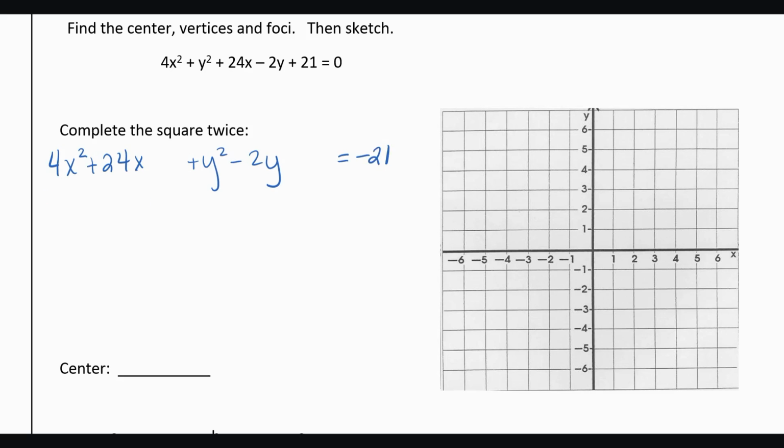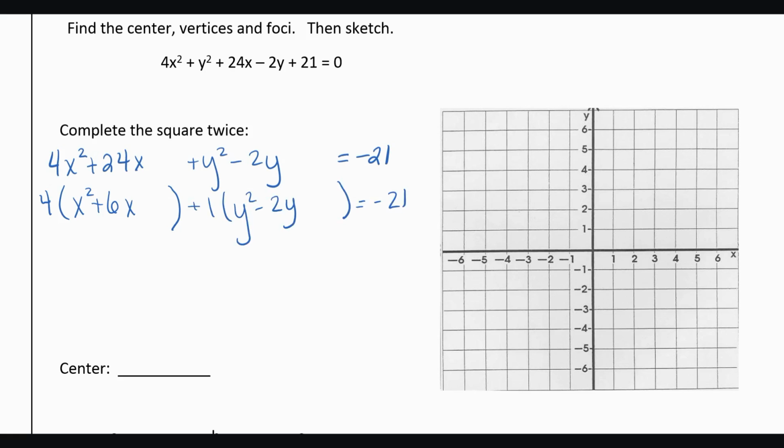Okay, now to complete the square for the x, first we need to pull out a 4 from the x squared and from the x term. So this will be plus 6x. Now, the y doesn't have anything in front of it, so we'll just say plus 1 times y squared minus 2y. Now we need to add our special term.